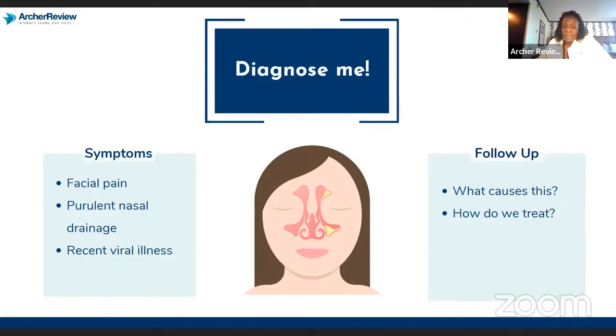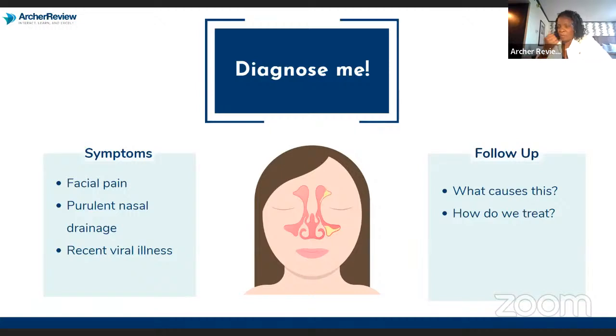This requires an antibiotic, which could be Augmentin or something of that nature. Just remember what's best: the treatment with amoxicillin for sinusitis.